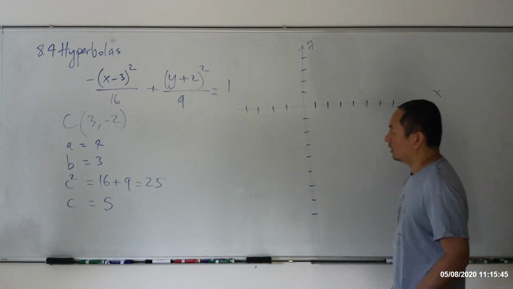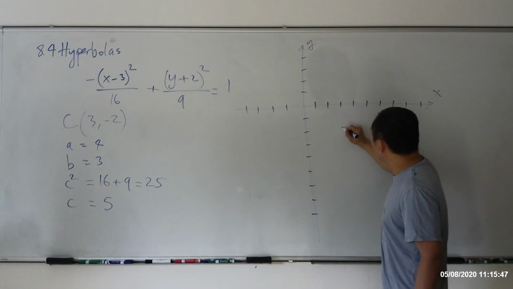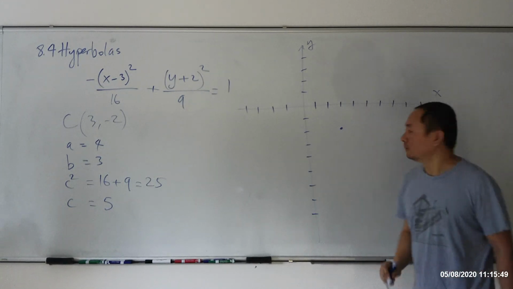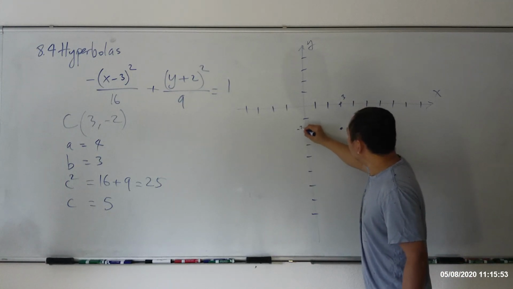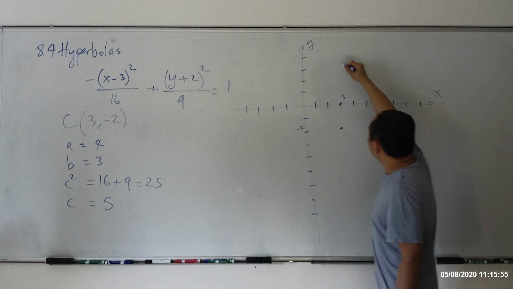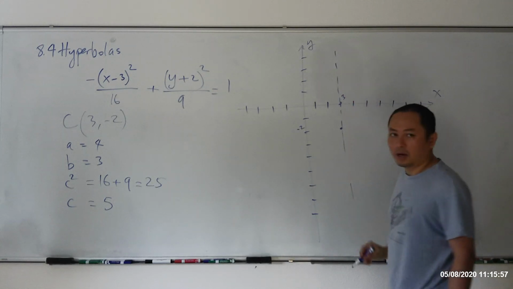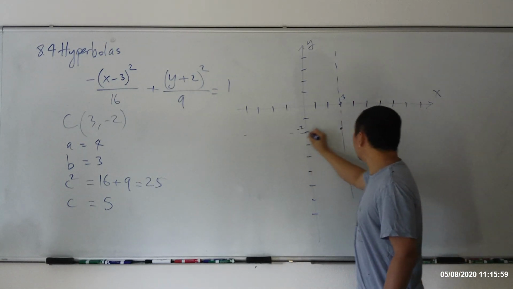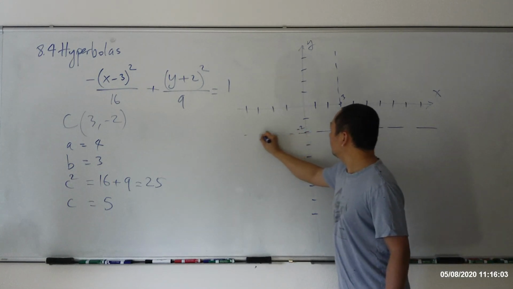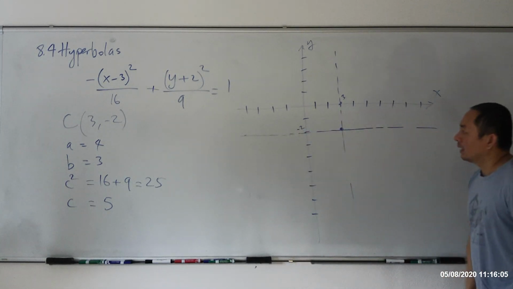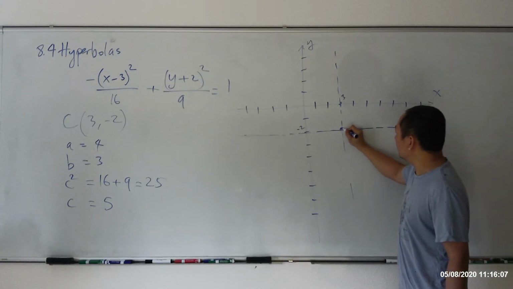Start with the center. The center is at (3, -2), right here. This is 3, this is -2. So this is your vertical axis for the hyperbola, and this will be your horizontal axis for the hyperbola. And we're going to start from the center, right here.